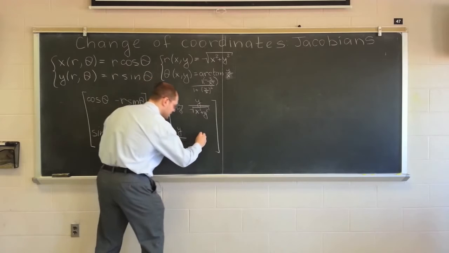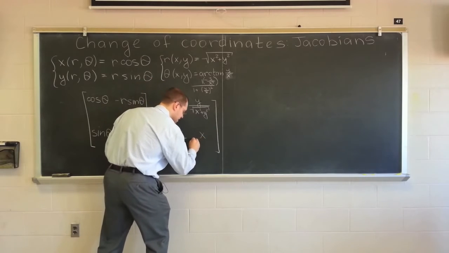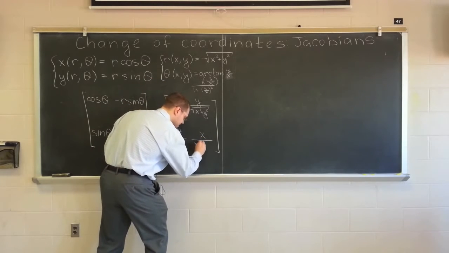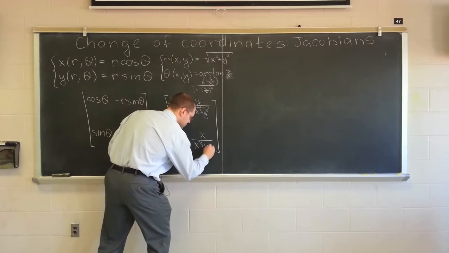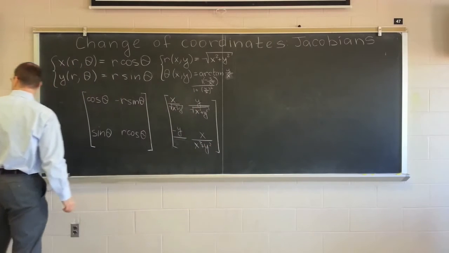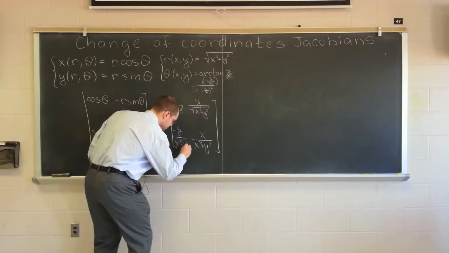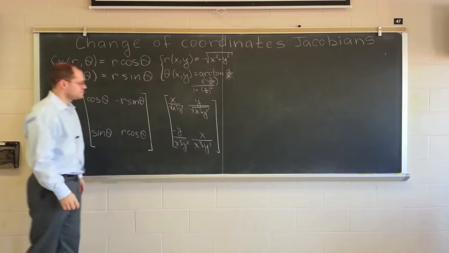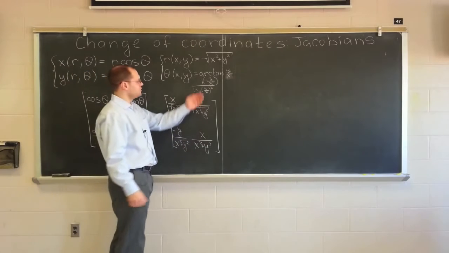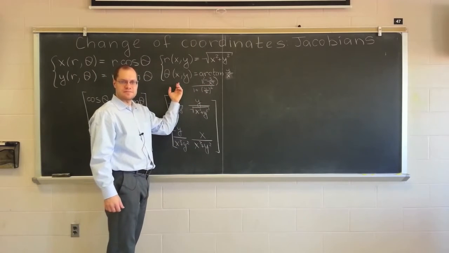By similar calculation, this will be x divided by x squared plus y squared. So that's the Jacobian of the reverse transformation.